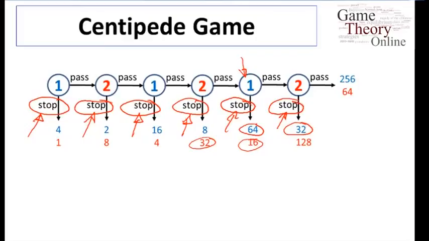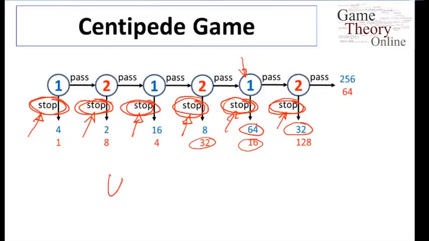So here we have player 2 stopping, therefore player 1 understanding that player 2 has an incentive to stop, chooses to stop. Player 2 understanding that player 1 understands that player 2, and so forth. So we're using iterative reasoning, we're reasoning backwards through the game, and that gives us a unique prediction of stopping at every single node in this game.